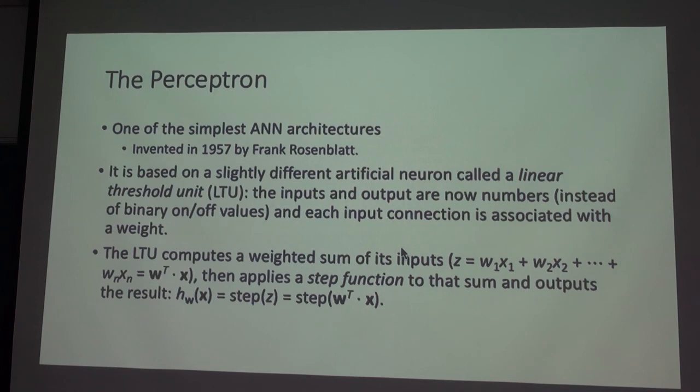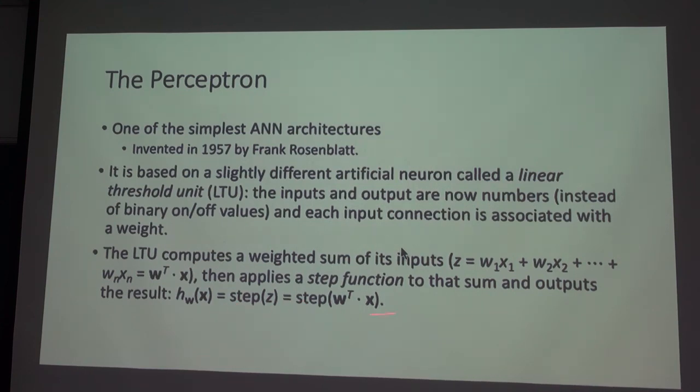The LTU computes a weighted sum of its inputs: z = w1 x1 + w2 x2 + ... + wn xn, which equals w transpose x, the inner product of the weight vector and x. Then it applies a step function to that sum and outputs the result.